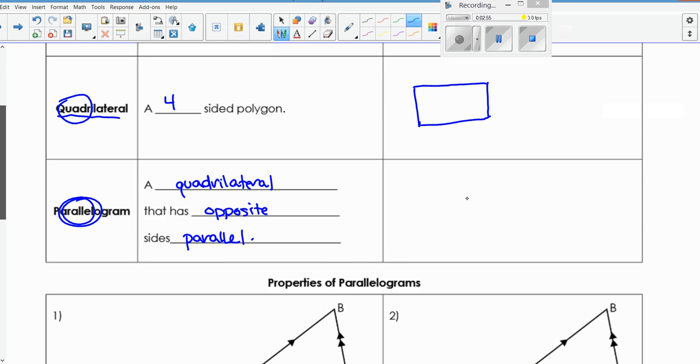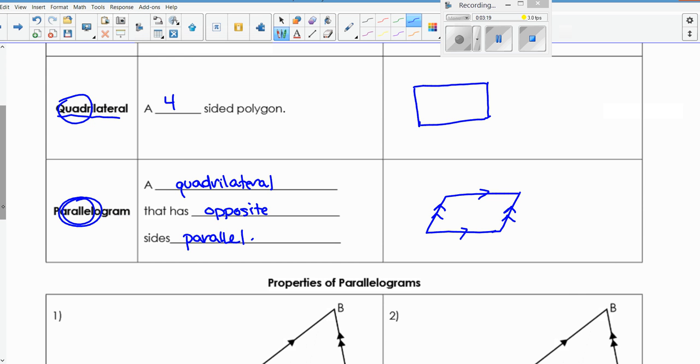So, parallelogram looks like this. So there's a 4-sided polygon where the opposite sides are parallel to one another. So the left and the right are parallel, and the top and the bottom are parallel. When that happens, you get 4 additional properties with it.